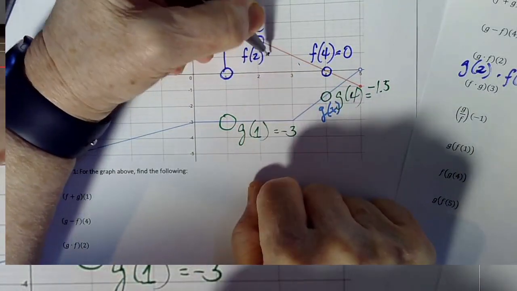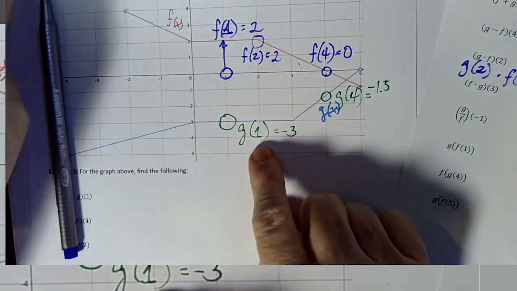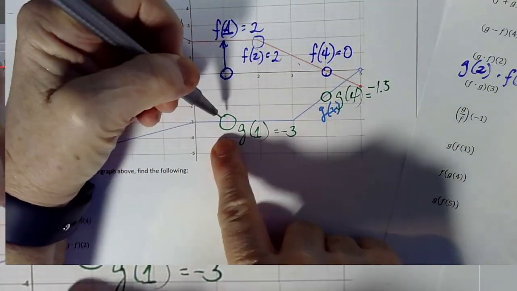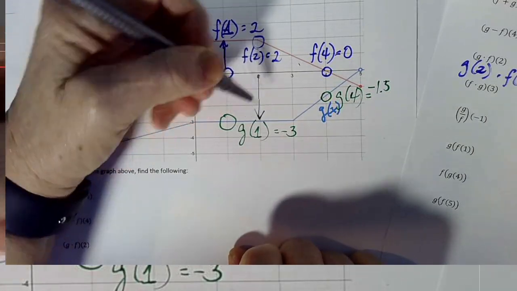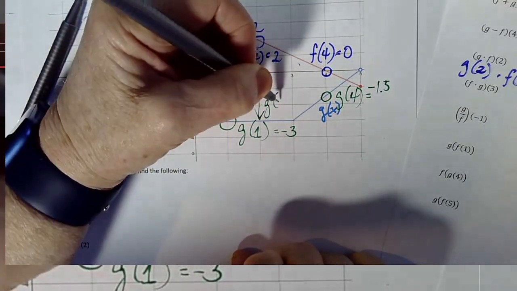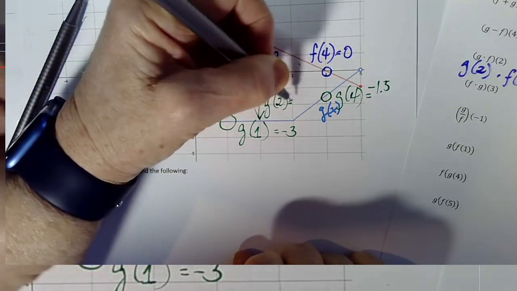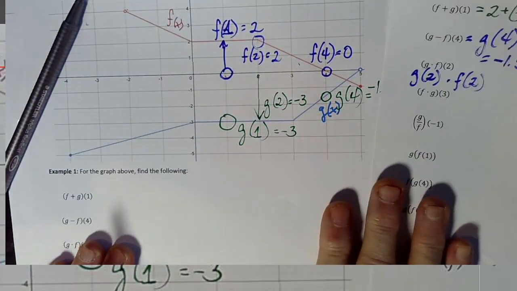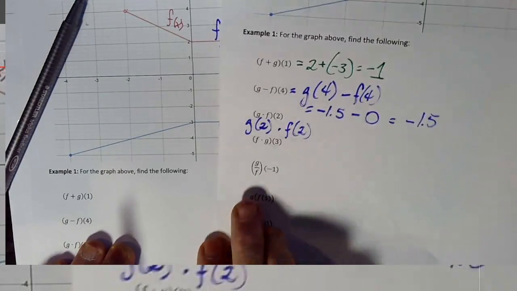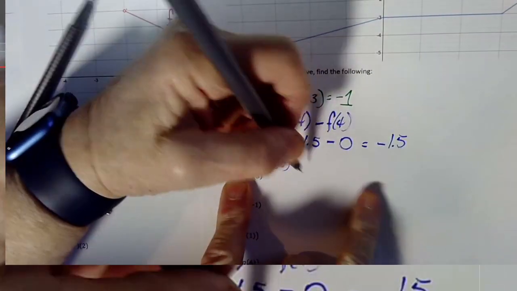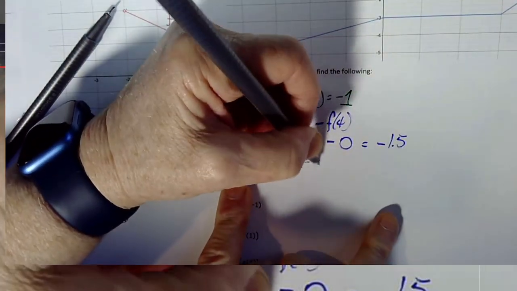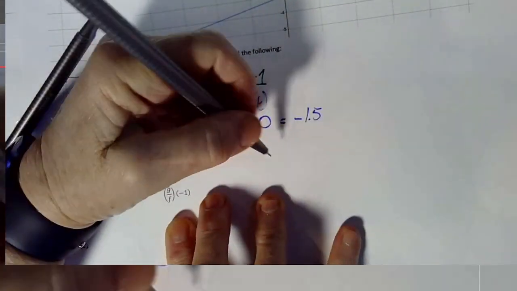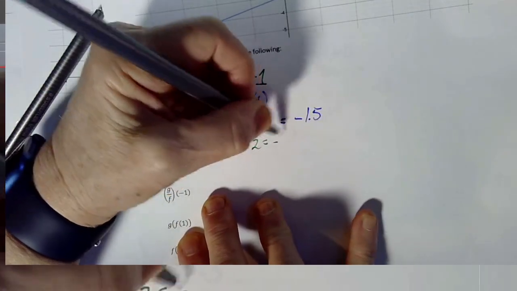It's 2. And at 2, how funny, g is also the same as it was at 1. So g of 2 is still negative 3. So this product is going to be negative 3 times 2, which is negative 6.